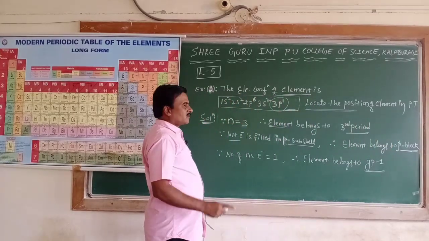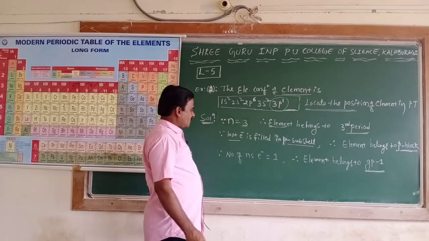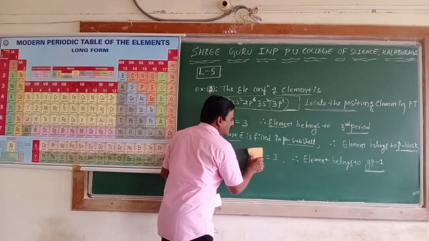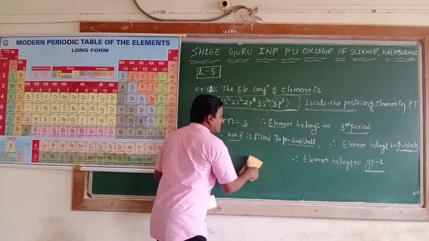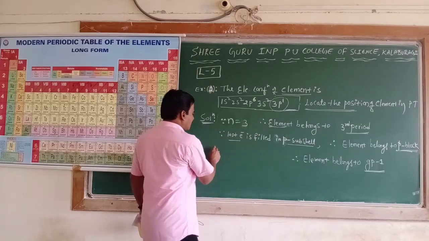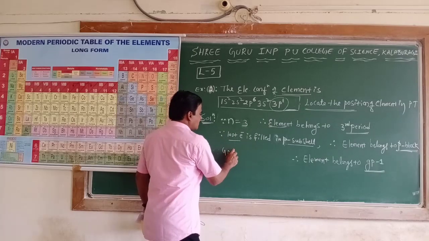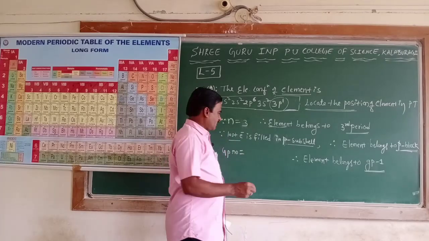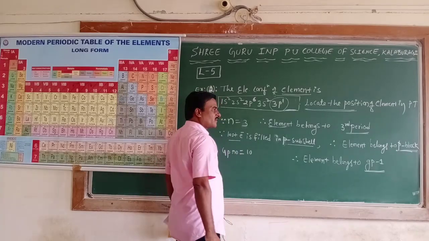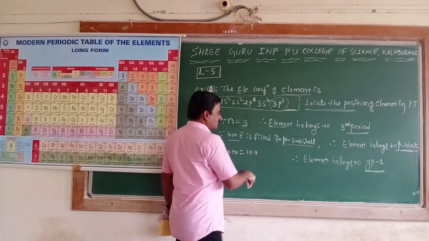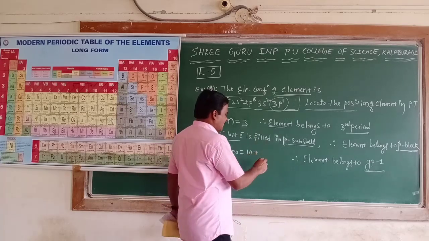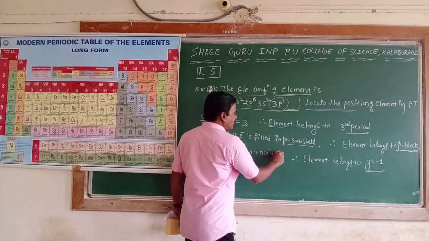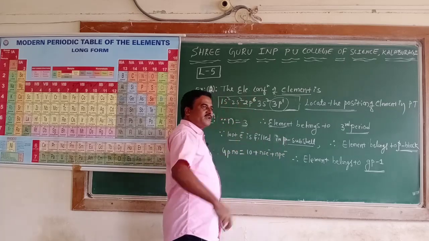Come on, the group number. For p block, from the previous table, the group number is given by 10 plus the number of ns electrons plus np electrons. Recall the table.